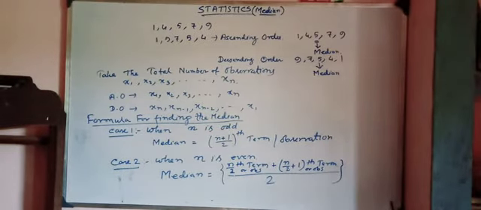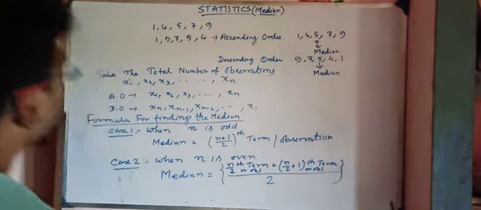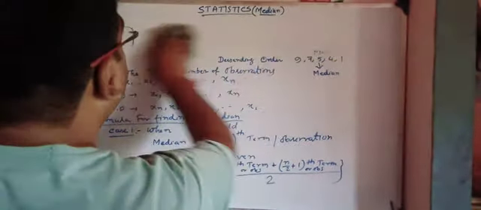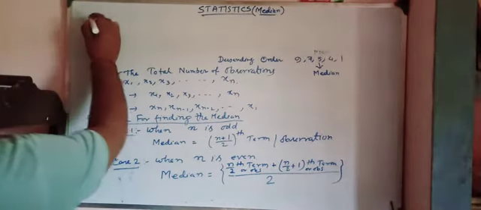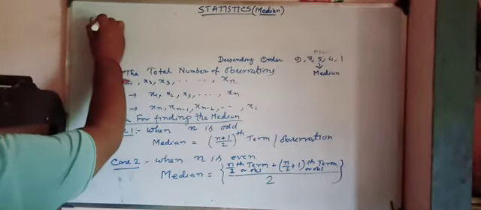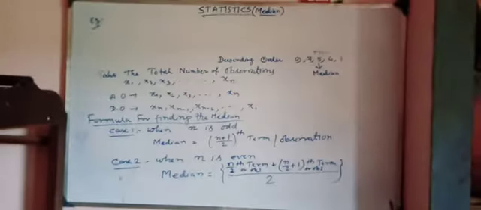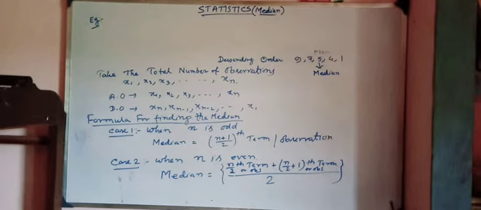So hope you understood that. Without delaying, I will come to one example so that you can understand. The example given here is that the runs of 11 members of a cricket team are given below.